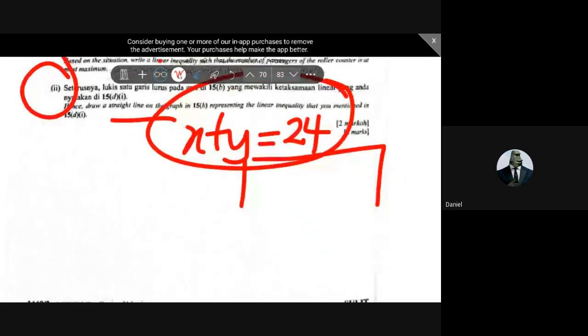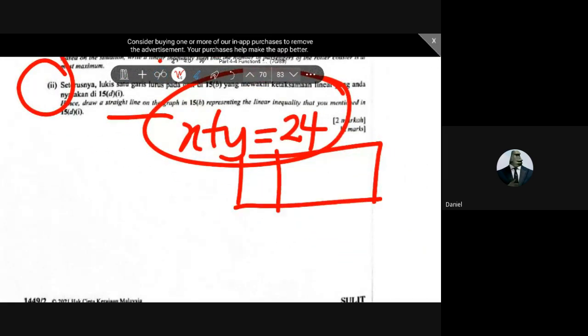Jadualnya macam ni. x, y, and then 2 coordinates. If anyone got idea, you can tell. Dua koordinat yang memuaskan ketaksamaan yang ni.